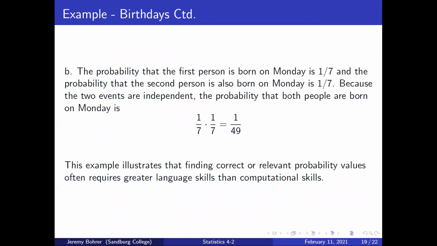The probability that the first person is born on Monday is 1/7, and the probability that the second person is also born on Monday is 1/7. Because the 2 events are independent, the probability that both people are born on Monday is 1/7 times 1/7, which is 1/49th. This example illustrates that finding correct or relevant probability values often requires greater language skills than computational skills.